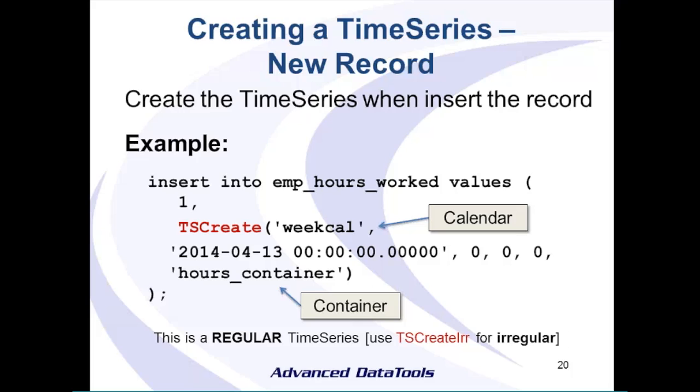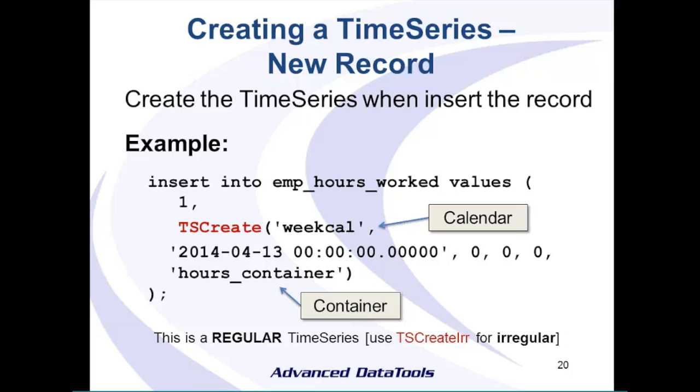Now, the examples I'll give in this webcast will all be with regular time series. Regular time series use a pattern where we expect the data to come in regular intervals. In this particular example, it's every day, and in other examples I'll get onto, it'll be every minute.